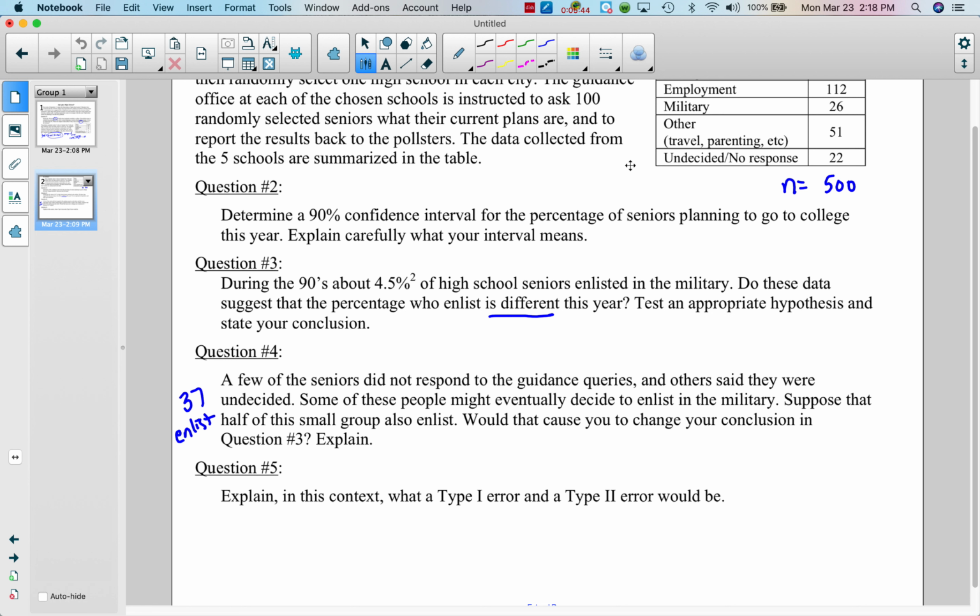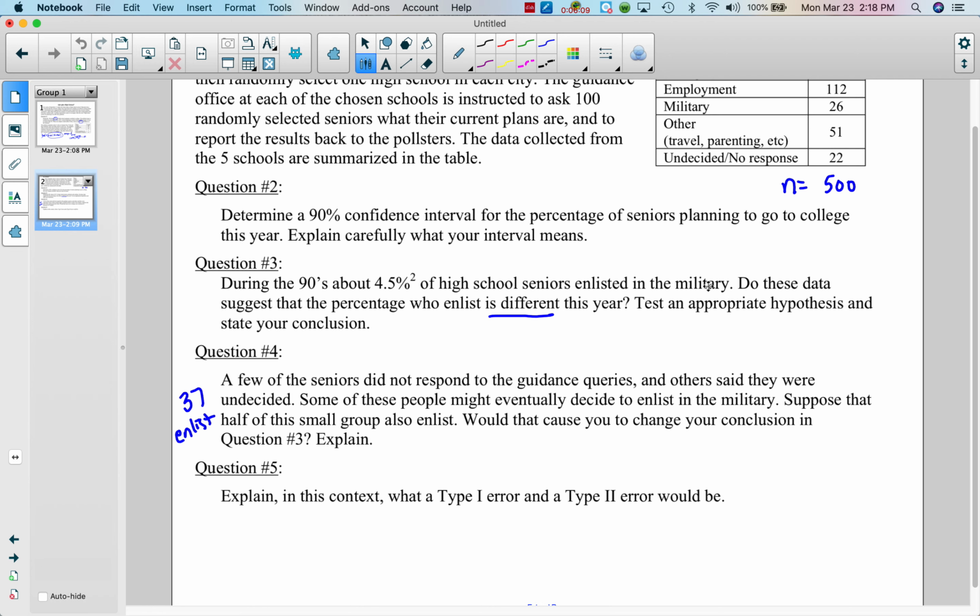We end up rejecting the null hypothesis even though it was true. You have to put it in the context of the problem you just did. For a type 2 error, the null hypothesis is false and the alternative is true, but we fail to detect it. Again, you've got to put it into the context of the problem.